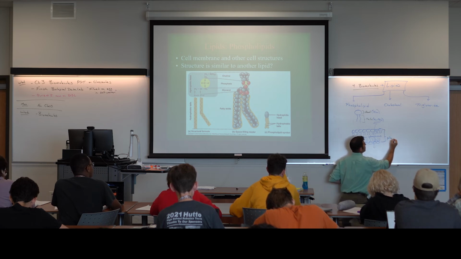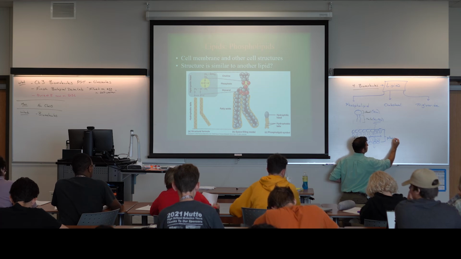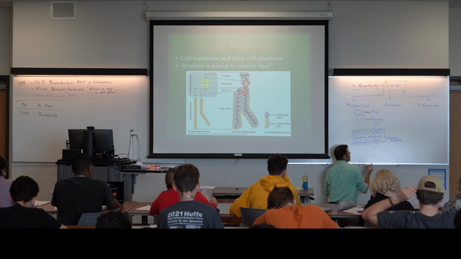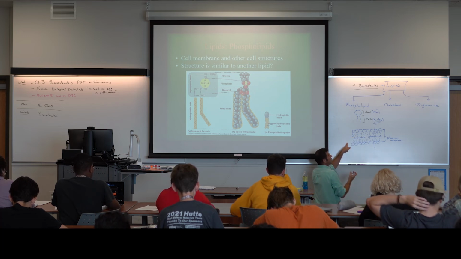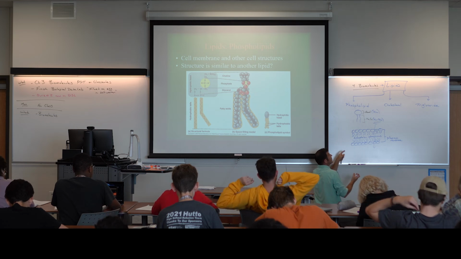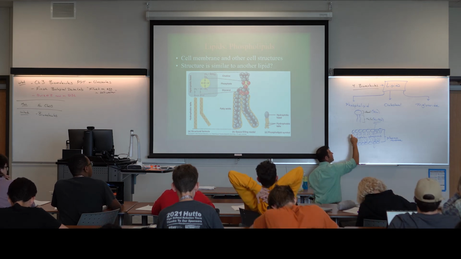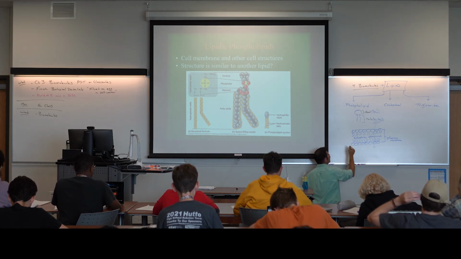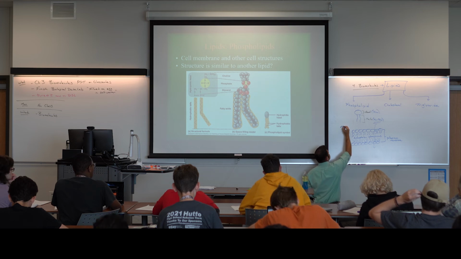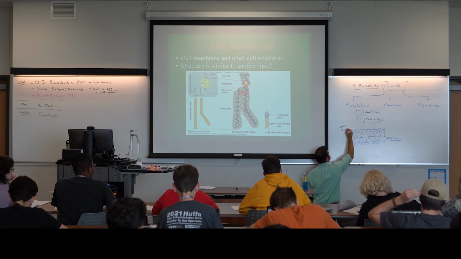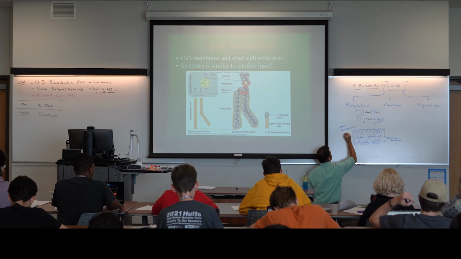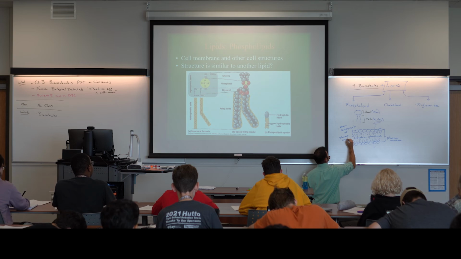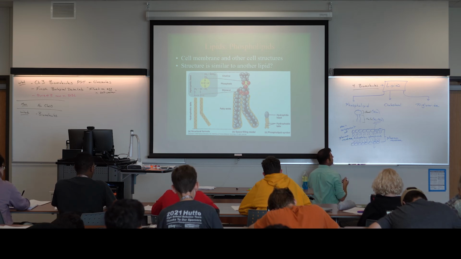We'll list this as plasma membrane. And I'll just say with words, since I've already drawn it here with a picture, the main function of a phospholipid is that it's the main structural component in a cell's plasma membrane.